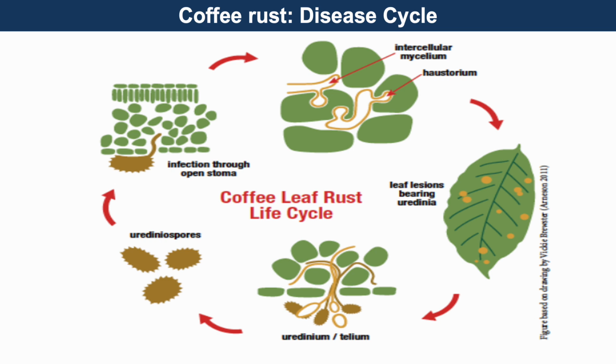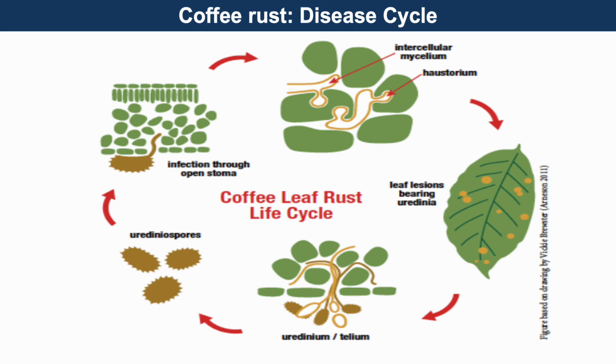A single initial spore can lead to the production of tens of thousands of spores through 4 to 6 generations. The primary mode of reproduction of this fungus is asexual, that is, through the urediniospores.